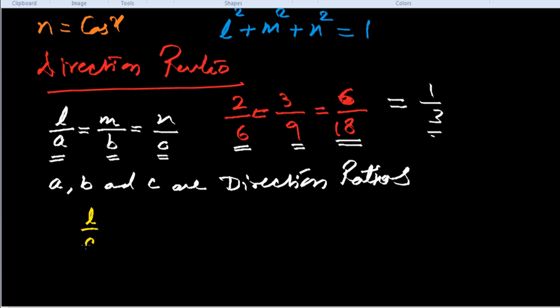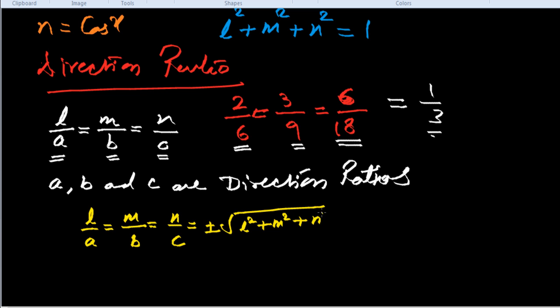l over a is equal to m over b is equal to n over c is equal to plus minus square root of l square plus m square plus n square over square root of a square plus b square plus c square.